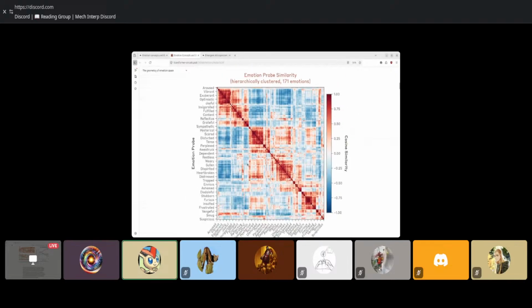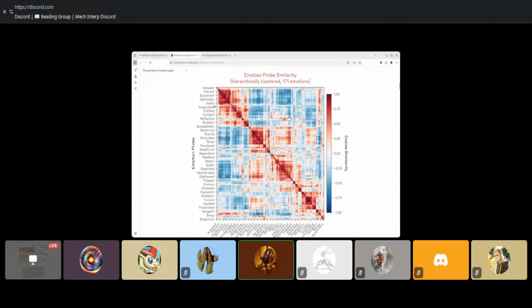So yeah, you can see. Okay, so obviously the emotions are more similar to themselves. But okay, so where should it cluster? You have aroused is similar to vibrant and to exuberant and to optimistic and joyful.